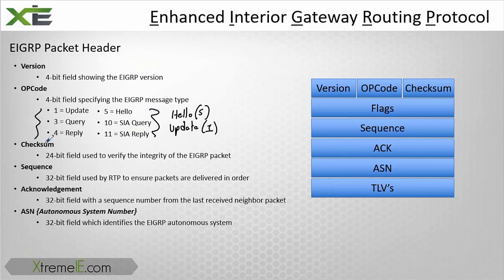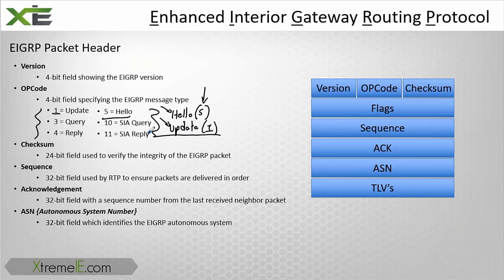And I'll get into these in the next slide, what each one of these are essentially doing for us. But this is how you're going to see it in a packet capture, usually. Now, if you are in a scenario where you're only seeing the opcode of a specific number, this is where knowing this information comes into play. If you see an opcode of 5, you need to know that it's a hello packet. If you see an opcode of 1, it would help you to understand that EIGRP is sending update packets.